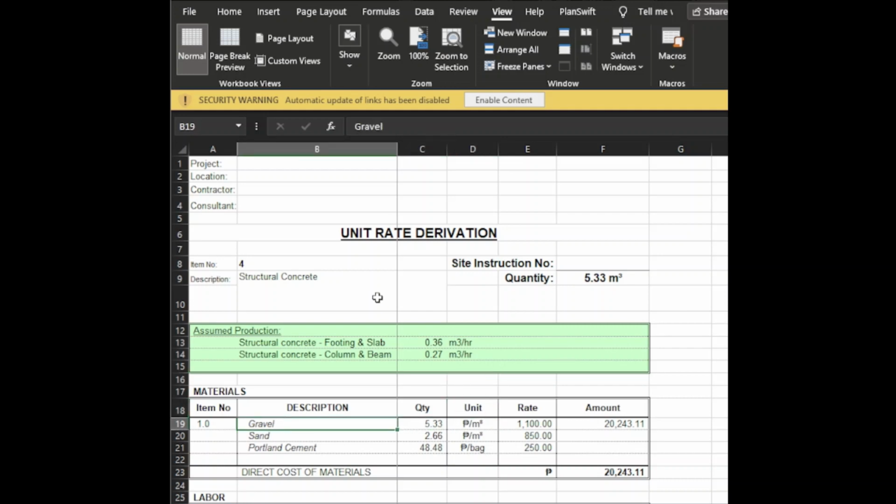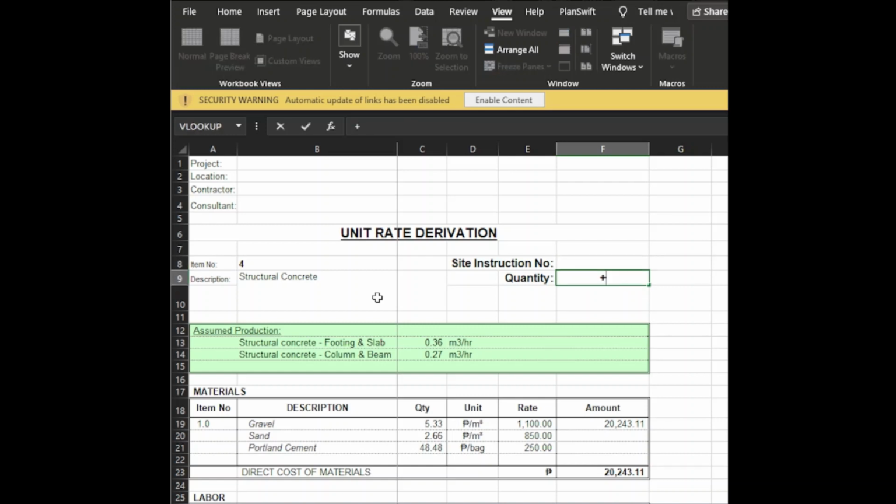So our gravel, because we have the same materials, wait, we will just make the total quantity from here, or we have different quantity. So we have quantity for our footing and slab, and we have quantity for our column.